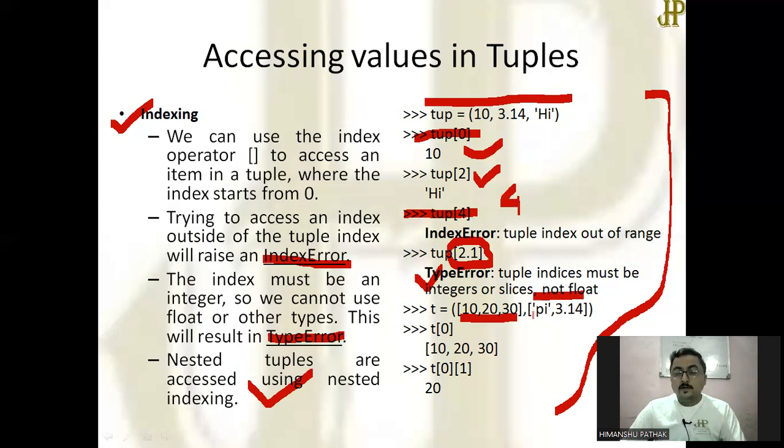The 1st element of the tuple is again a list which has 3 elements also. So if we access tuple of 0, it will show the whole list. And if you want to access any one of them, then you have to use nested indexing.